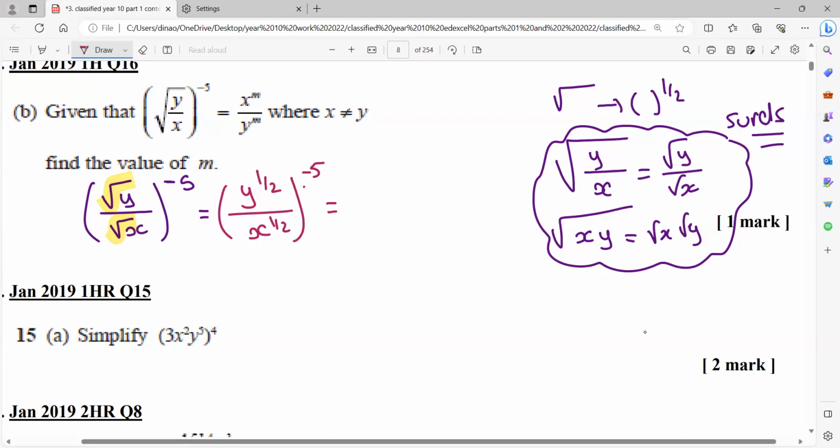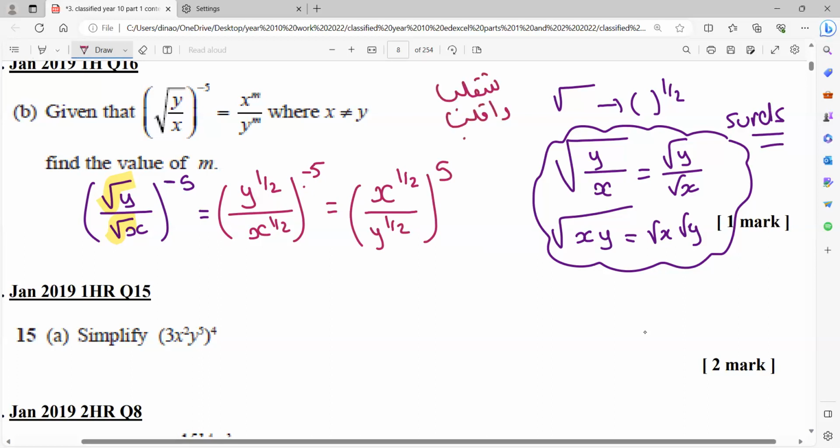Now, according to what we explained in the negative powers videos, when you're dealing with fractions and there's a negative sign outside, you are allowed to flip the fraction. That was discussed in full detail in another video. Flip the fraction, change the sign outside from negative to positive, which we called flip and turn.